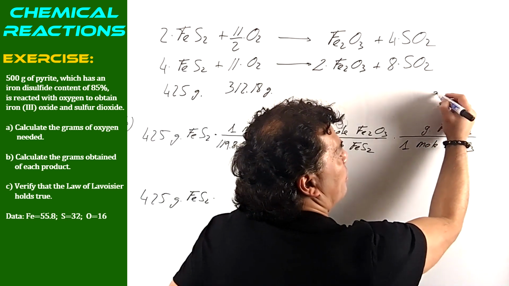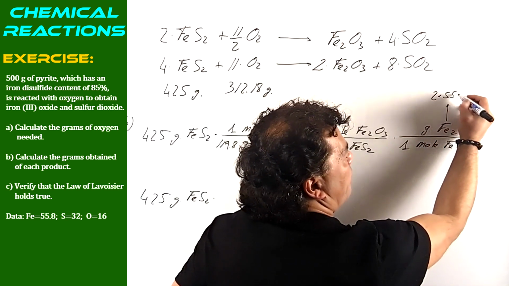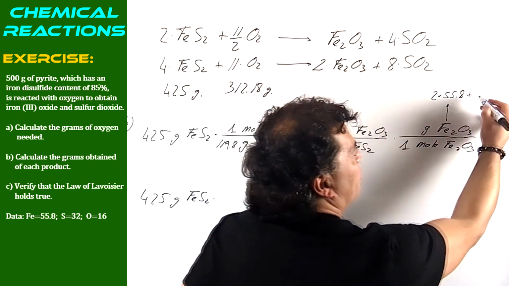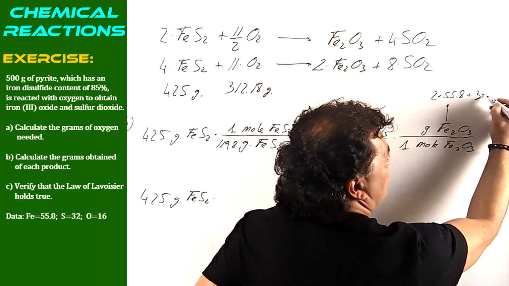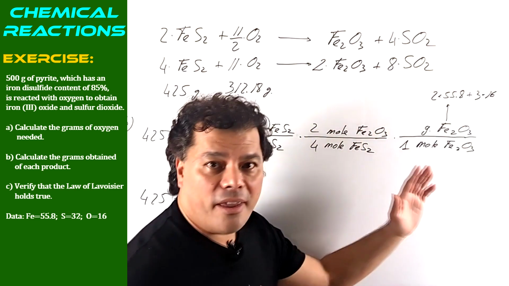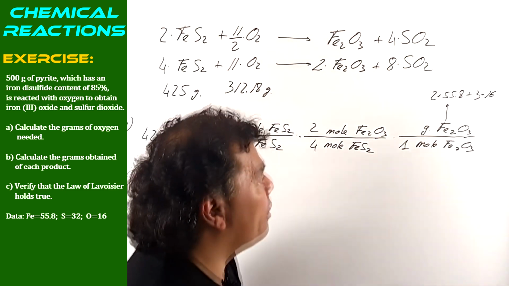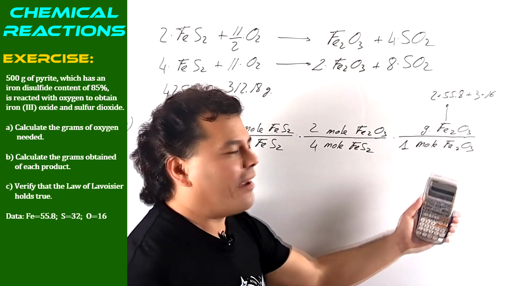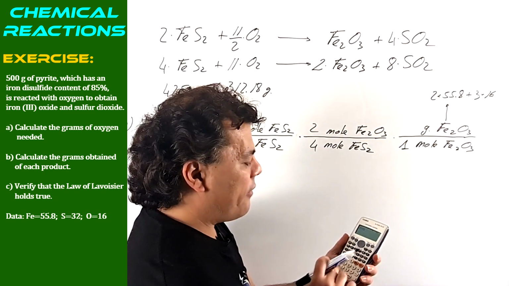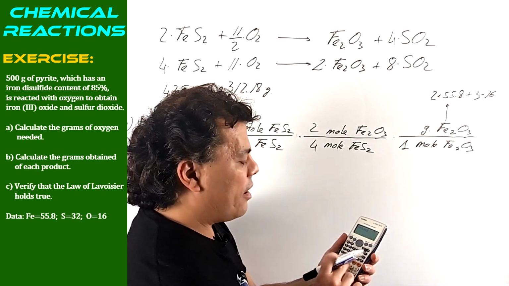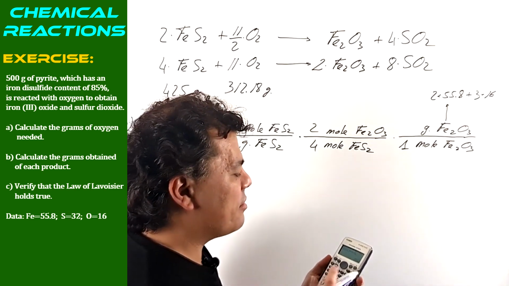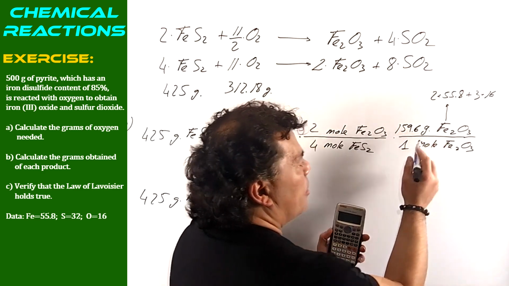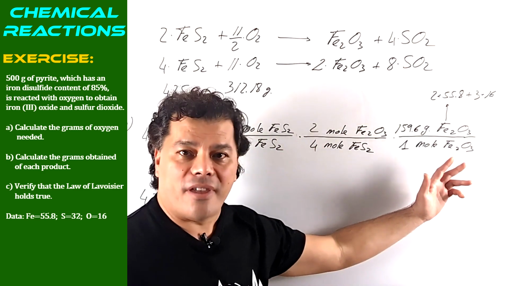So we are doing 2 times 55.8 plus 3 oxygen atoms. So we are doing 3 times 16. Let's use the calculator, and we are knowing the mass of 1 mole of iron 3 oxide. 2 times 55.8 plus 3 times 16, which is 159.6 grams of iron 3 oxide.